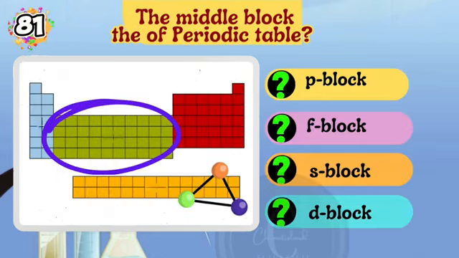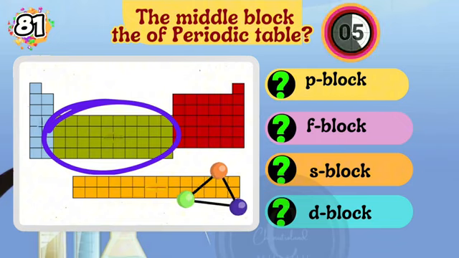The middle block of the periodic table is called D block. The D block elements are also known as transition elements.